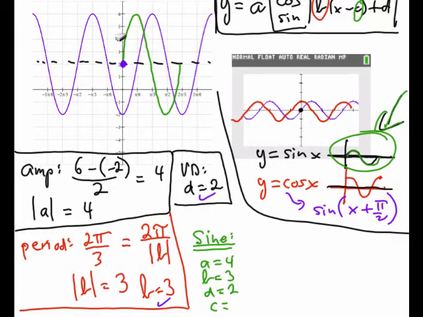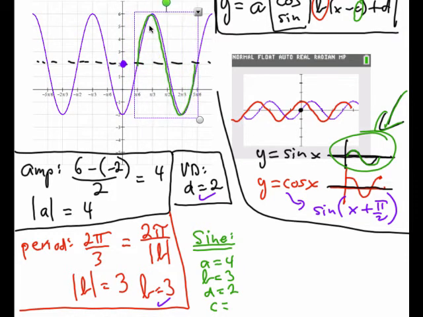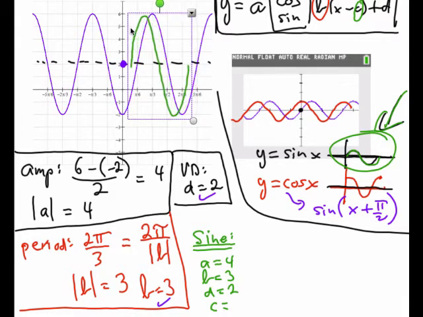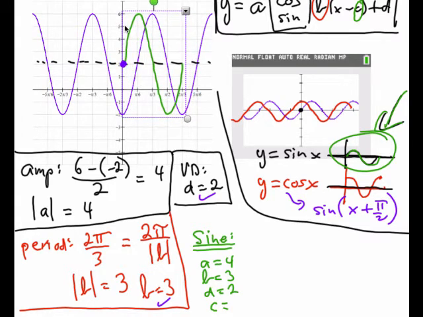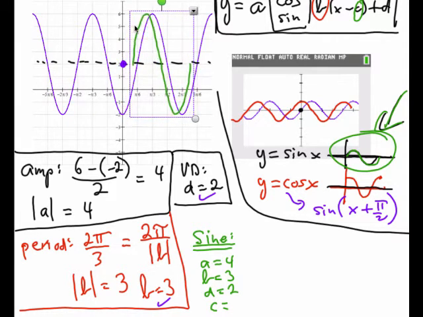Then what I need to do with this standard sine graph is shift it this many units to the right to put it where it is on my given graph. So I'm taking my sine graph and shifting it pi over 6 to the right.